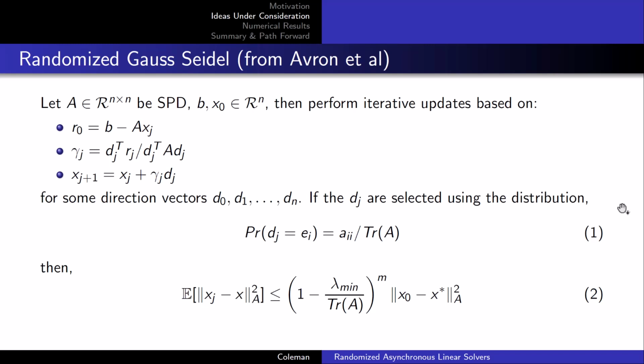There's a typo: there should be a star on the leftmost x. And that's really nice. That gives us a multiplicative reduction. So every step we're getting some factor closer than we were before. And that factor is calculable very simply by looking at properties of the matrix we're starting with. So for every problem I have, I can get some estimate of how long it's going to take me to get to my solution.